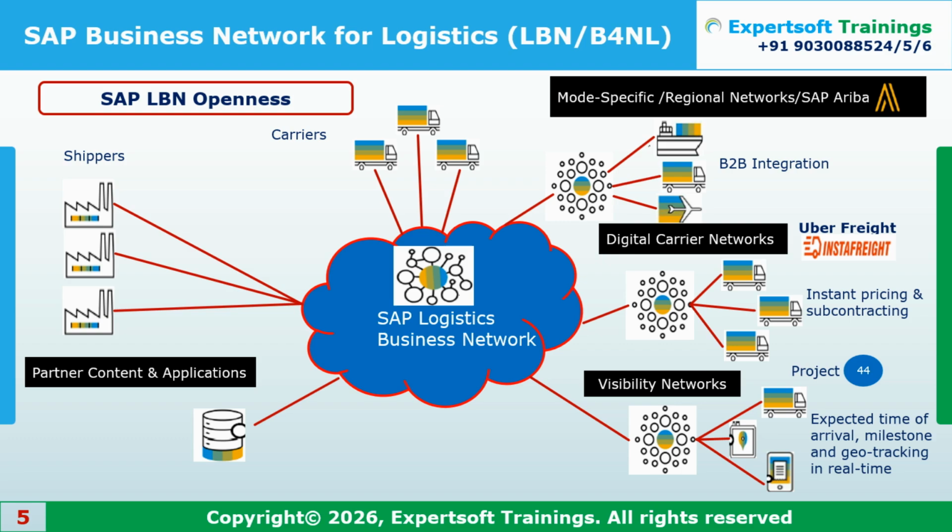If the carrier is not on BN4L and has another SAP or Oracle system, it will load into their system. That is called B2B. This communication or collaboration happens business to business, system to system.